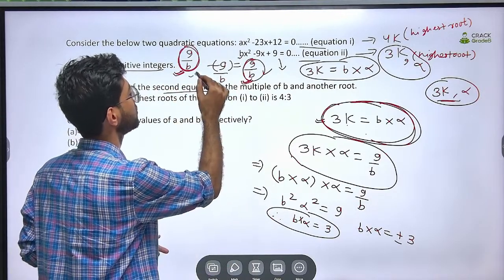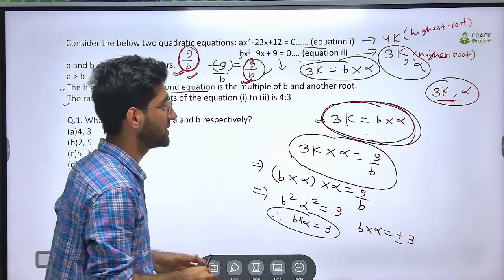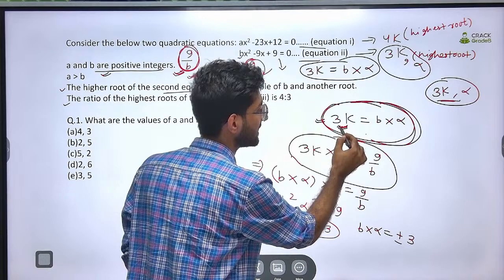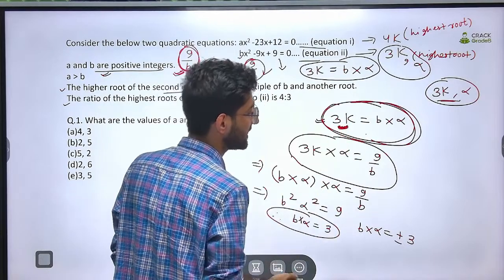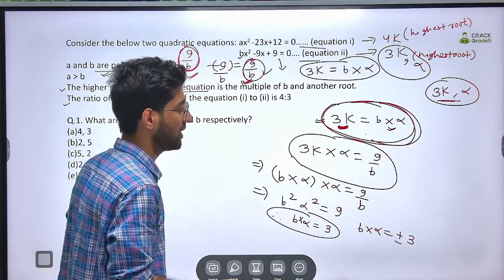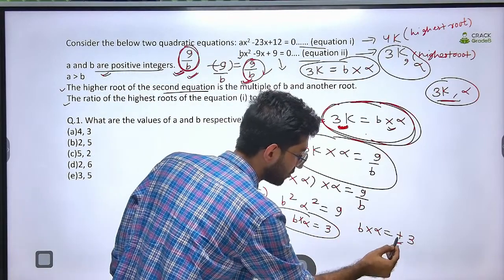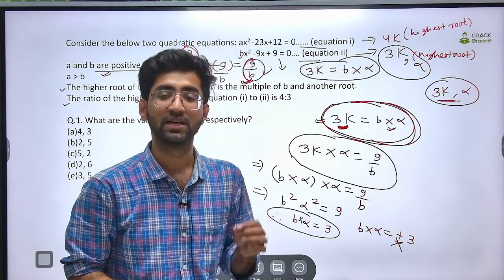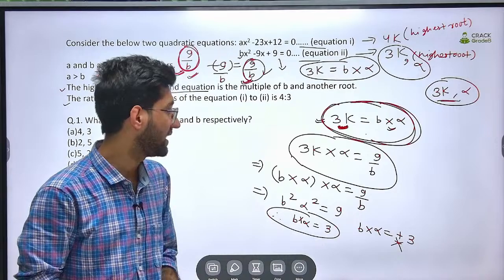Because sum is positive and product is also positive, so 3k is also positive. And if 3k is positive, then b into alpha is also positive, so you will have to eliminate b into alpha equal to minus 3. So basically b into alpha equal to 3.